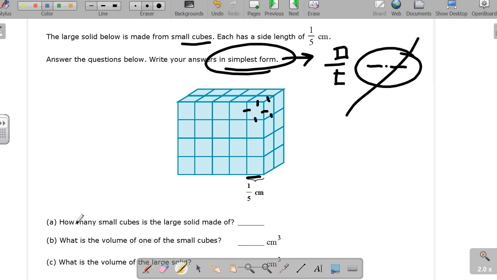So step number 1, it simply asks, how many cubes? And if you count, we have a layer of 2.